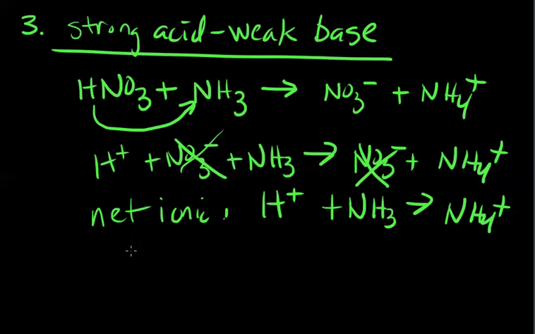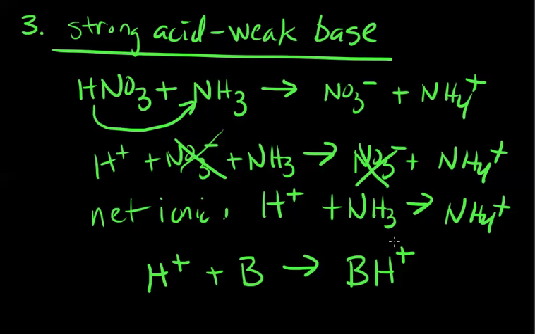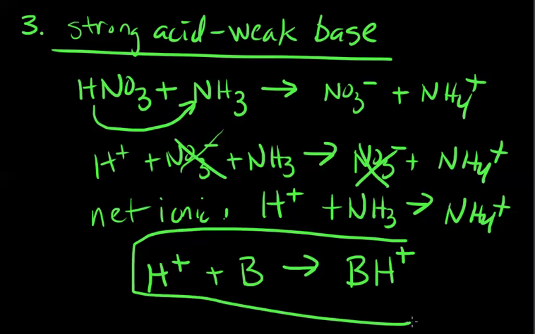And so the general equation for this, for our strong acid, it's always going to exist as hydrogen ions plus our weak base, and it is going to produce, this hydrogen is going to bond to our weak base, and we're going to end up with a weak base with a charge of +1. Well, the hydrogen bonds to it like this. And this is our net ionic equation for those reactions.